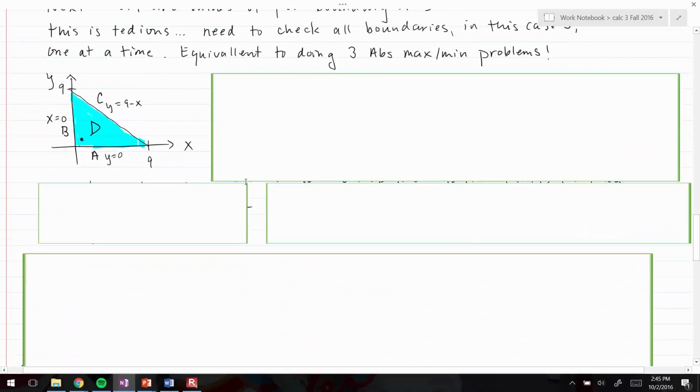I got my little picture here, and I just arbitrarily called this boundary at y equals 0 a, the vertical one b, and the hypotenuse c. It's probably good to start with a or b, and I started with a. That's defined mostly by the equation y equals 0, but it also has stopping places at x equals 0 and x equals 9.